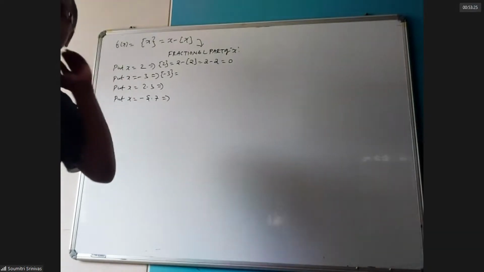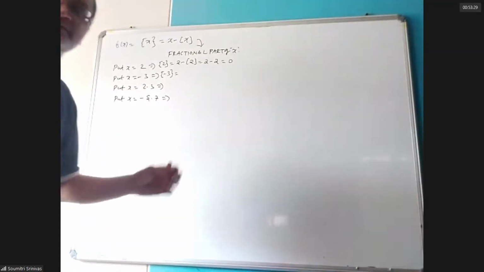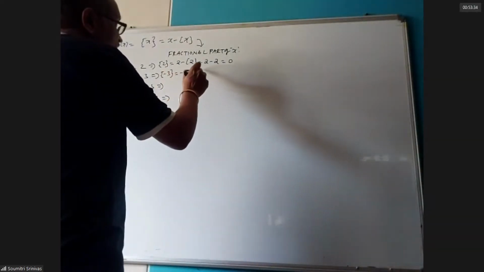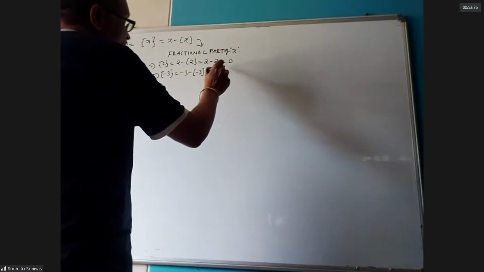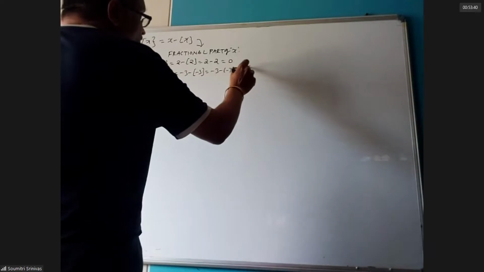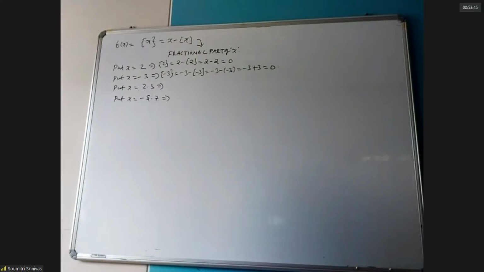Now we have to read fractional part fully. Fractional part of minus 3 is minus 3 minus step of minus 3. Step of minus 3 is minus 3, so minus 3 plus 3, 0.